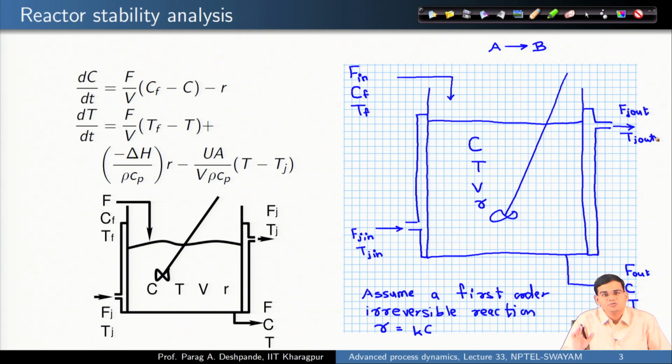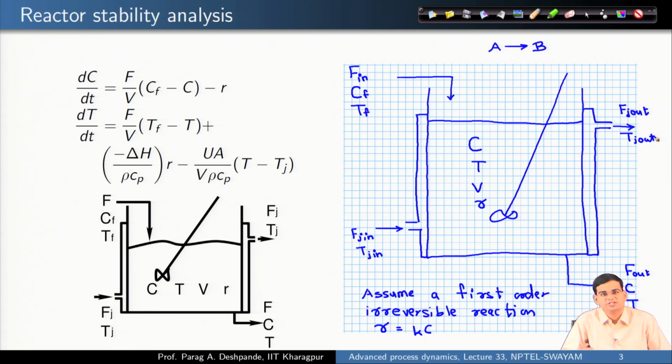Similarly, to maintain a constant temperature, to take out the heat of reaction for an exothermic reaction, or to supply the heat equivalently to the system for an endothermic reaction, you generally will not have a jacketed system, you will have a coiled system, but in either case, for the energy exchange in a diabatic operation, you have the flow rate of the fluid in the jacket given as F J in, and the outlet flow rate as F J out. J stands for jacket.